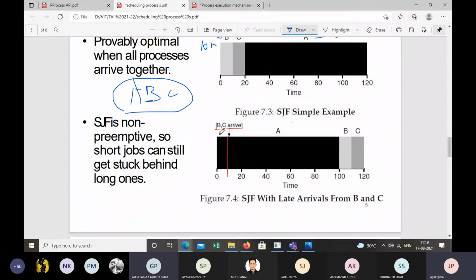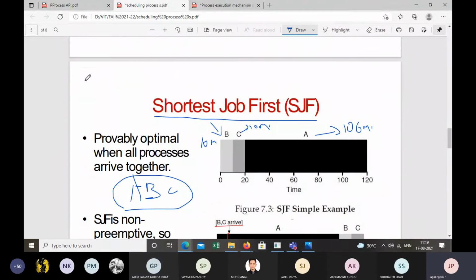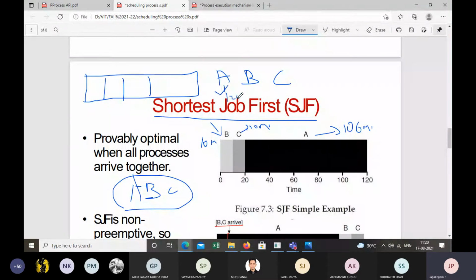Okay, fine. I think I have to give more explanation on preemptive and non-preemptive. See, you have process A, process B, process C. Process A needs 120 milliseconds, process B needs 8 milliseconds, and process C needs 10 milliseconds. Are you able to see this figure on the screen?